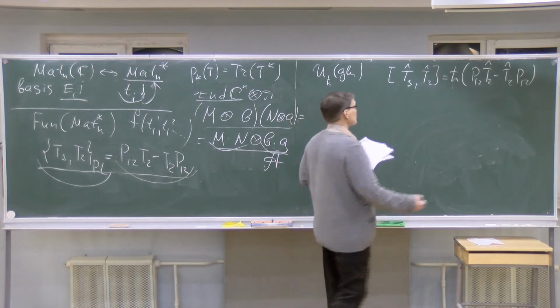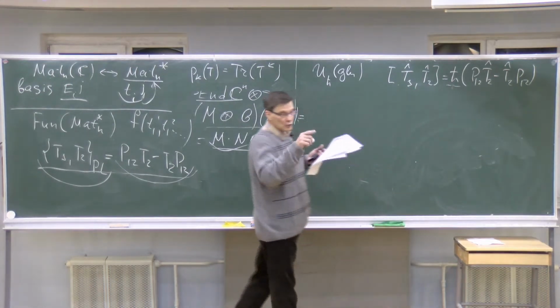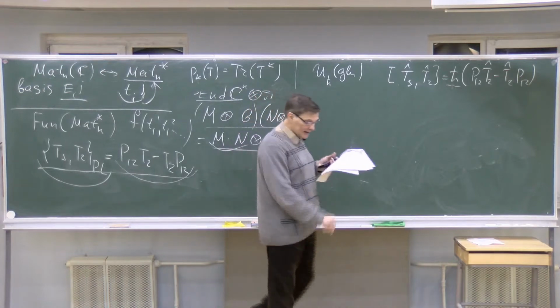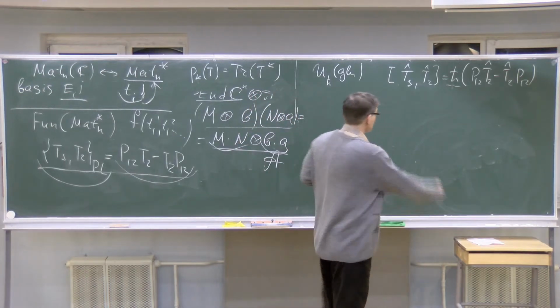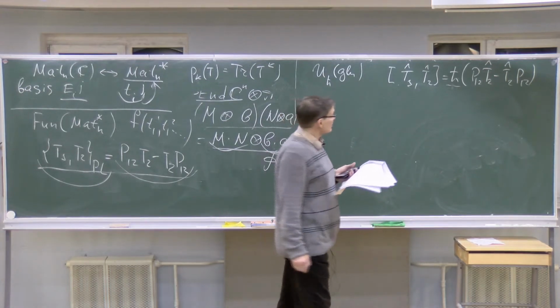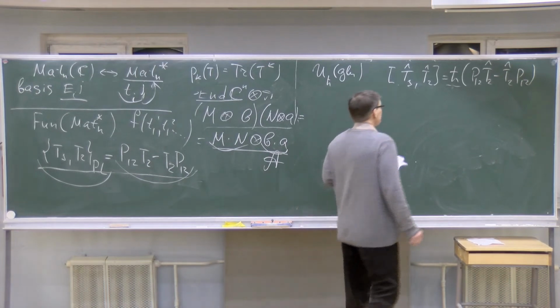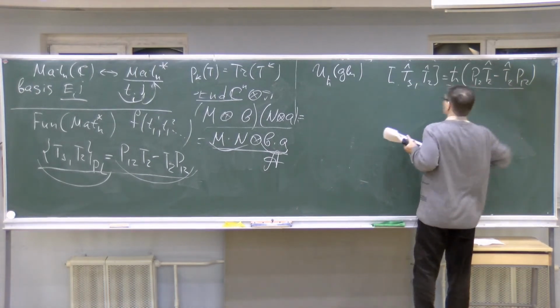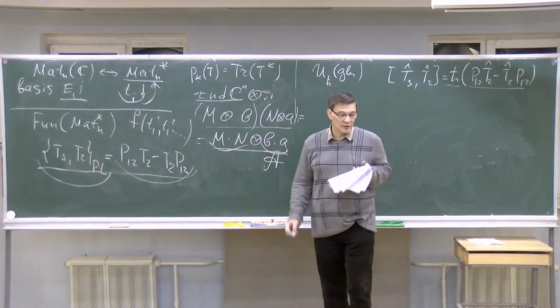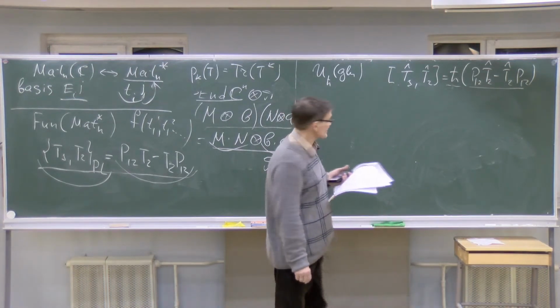It is just to control my quantization procedure. When h goes to 0, I restore my commutative algebra. And this is just the universal enveloping algebra of GLN. Here I have no problem with quantization because there is no ordering problem on the right-hand side. I have a linear dependence of my generators.